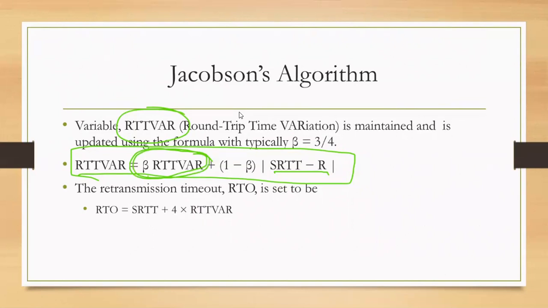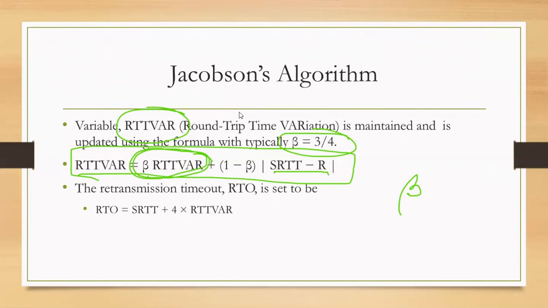So here the smoothing factor beta is used, and a typical value of beta is 3/4. Again, the same logic is used here for a high value of beta and a low value of beta.